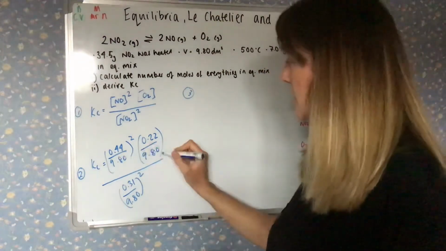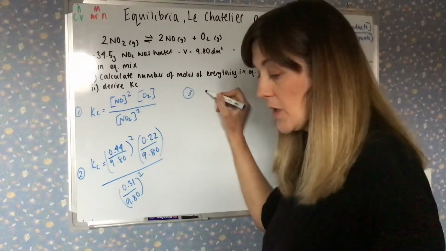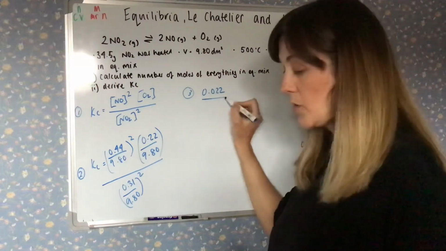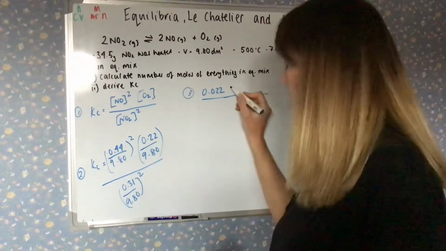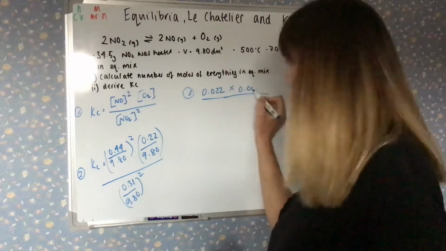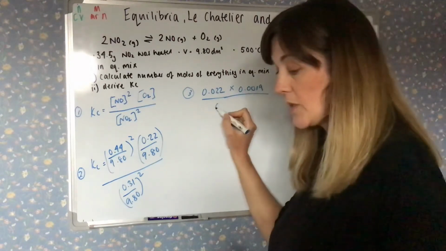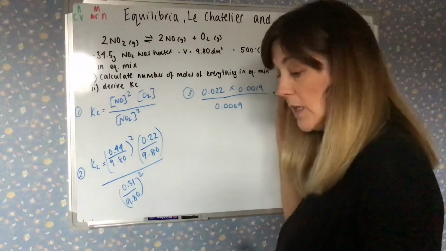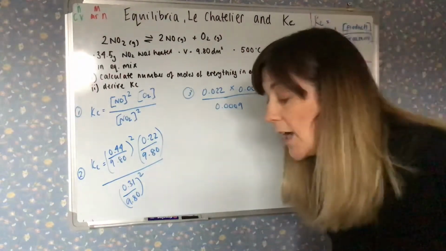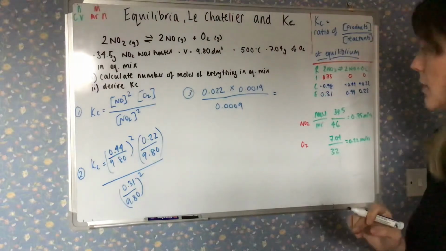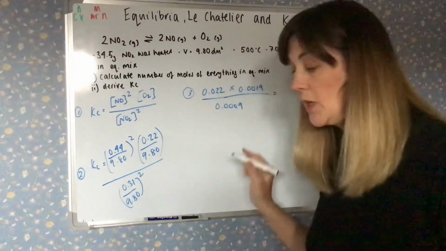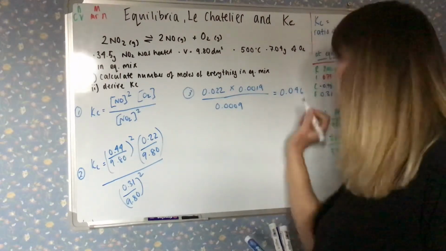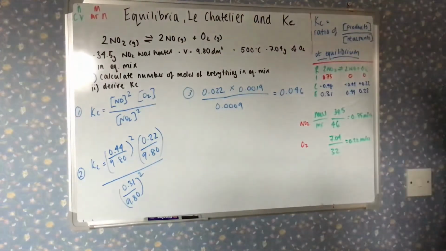So if you've done these individual bits, we've got 0.0222 times 0.0019 all over 0.0009. I'm not using standard form, I just haven't written that in my notes, but your calculator will give you standard form. That is equal to 0.046. And let's have a look at the units.